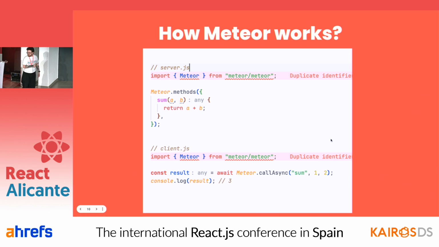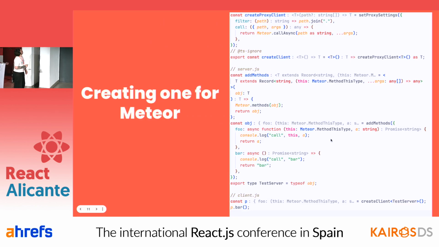To address this issue, I came up with this snippet that I use for a library that I will show later. Basically, I will create a proxy as I did before. I will join the paths, and I will use Meteor call async, using that path as a string and using the args. And I'll have a similar thing on the server just for creating the methods.